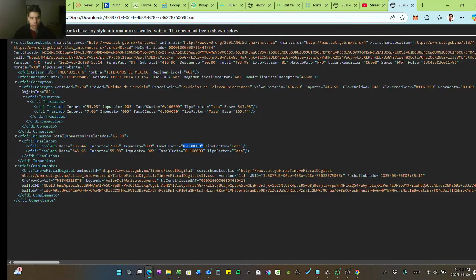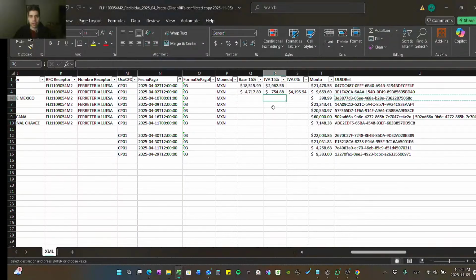So that's important to have in mind, but right now it's not relevant because I know for a fact that this is not going to affect our calculation for this specific process.